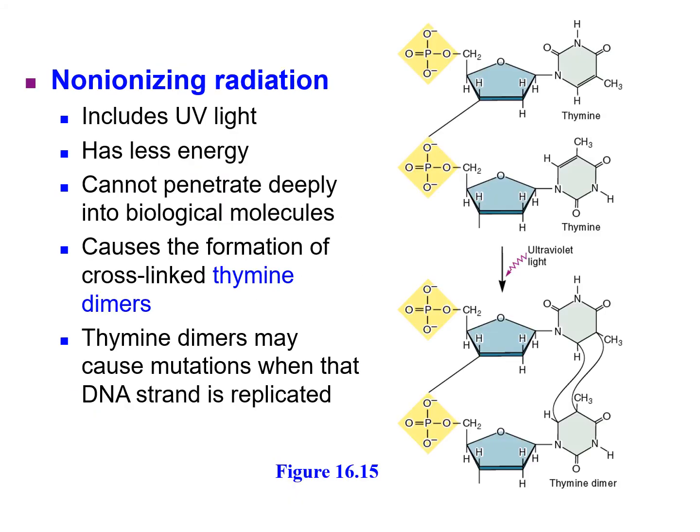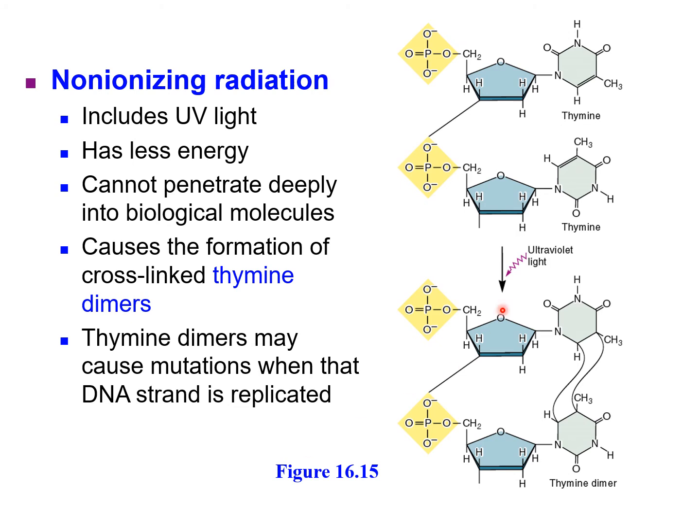The non-ionizing radiations include UV light. It has less energy, so it cannot penetrate deeply into the biological molecule. It causes the formation of thymine dimers, and these thymine dimers may cause mutation when that DNA strand is replicated.